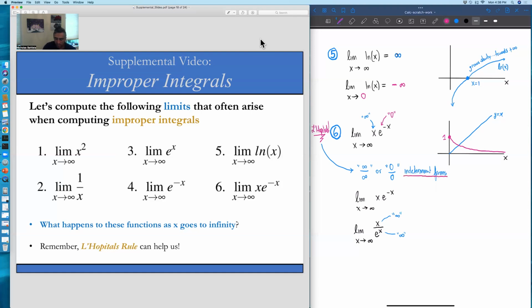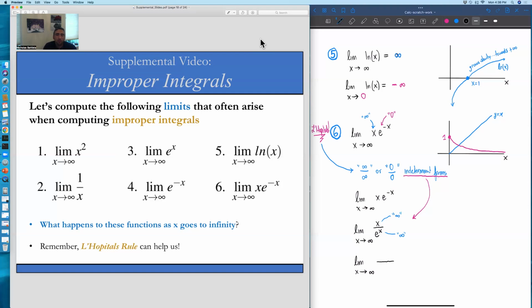Because we're sitting in an indeterminate form, we can apply L'Hopital's rule. When we glance at this limit, it looks like infinity over infinity, indeterminate, so apply L'Hopital's rule. The way L'Hopital's rule works is we take the derivative of the numerator and denominator separately, because what L'Hopital's rule really wants to know is how fast these functions are growing or how fast they are shrinking.